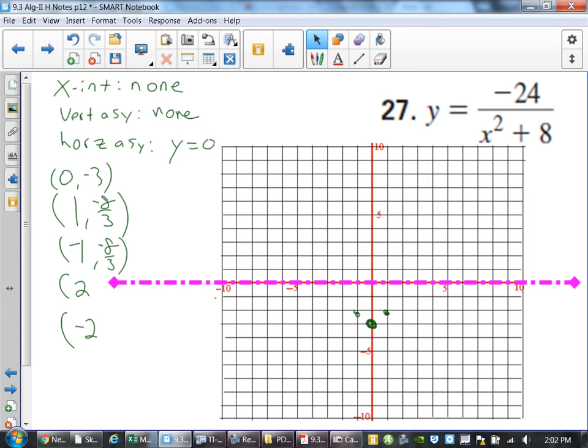Negative 24 divided by positive 12 is negative 2. So it's a little bit above now, which tells me that it is working down and back up. And that gives me my curve.